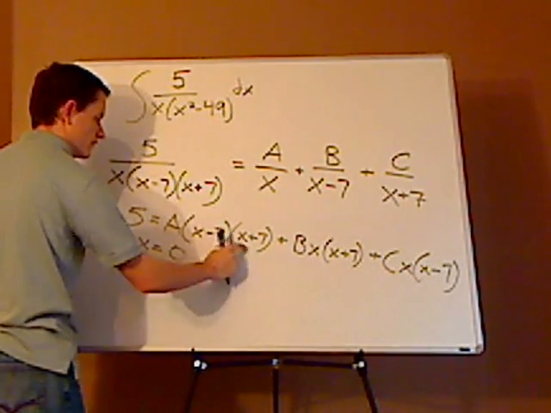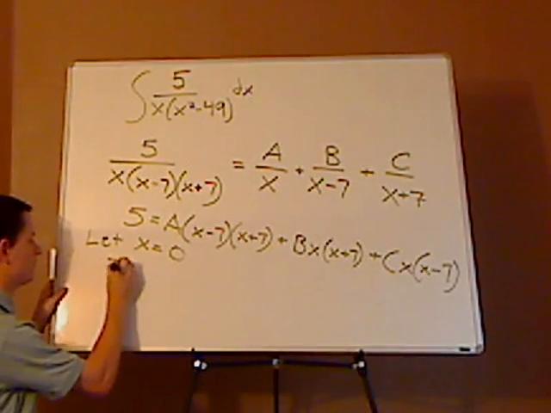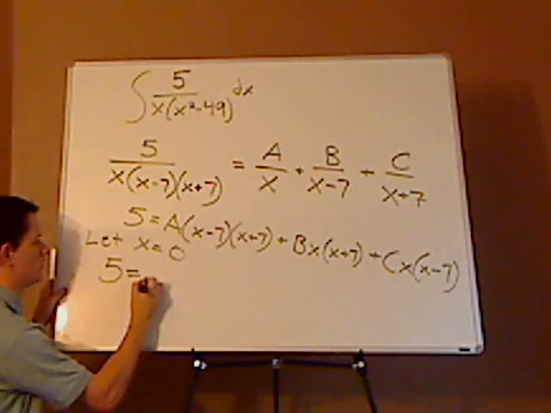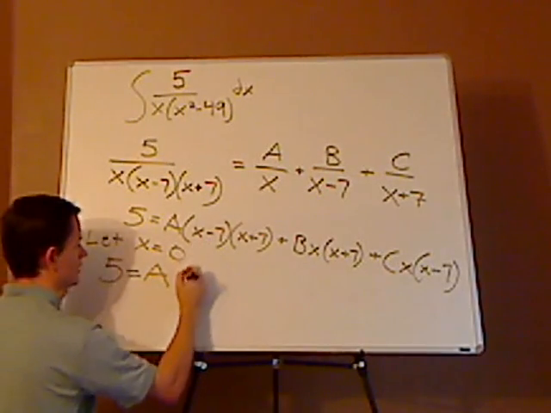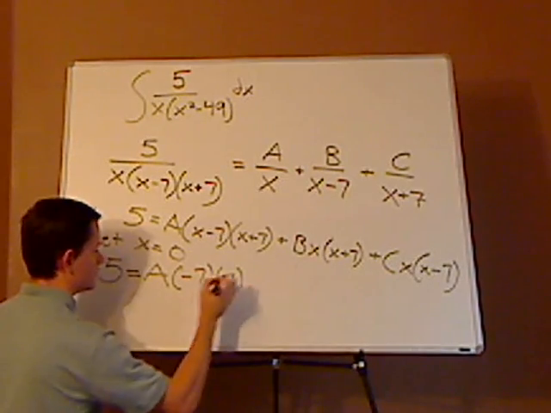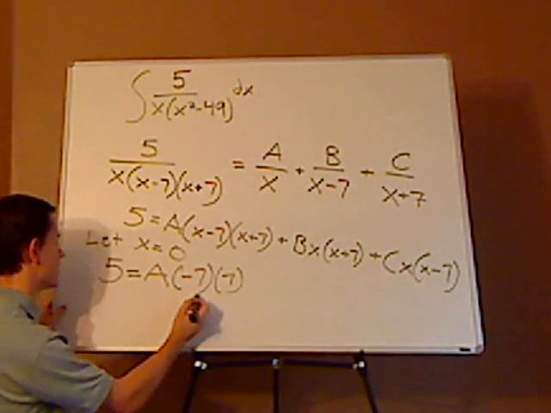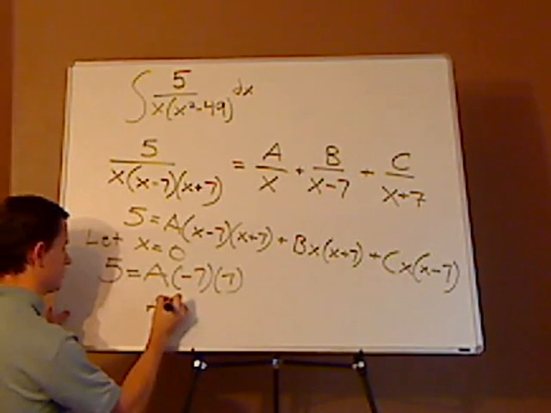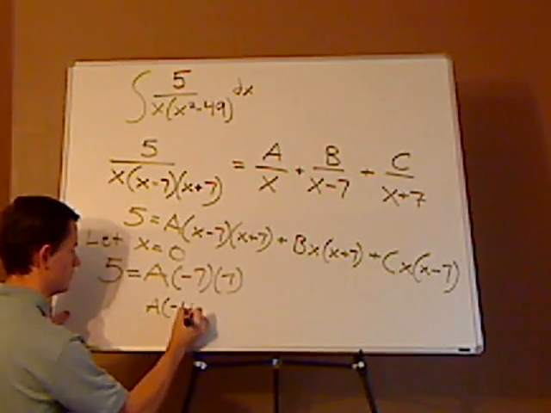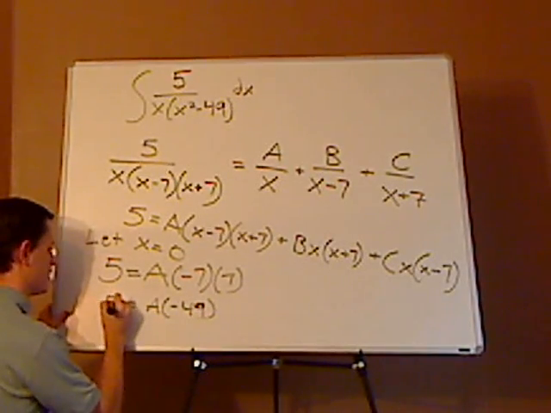When I plug in 0 into here, I get A times negative 7 times positive 7, so this is a negative 49. So negative 49 A equals 5.